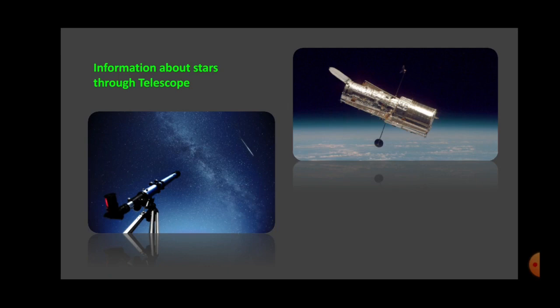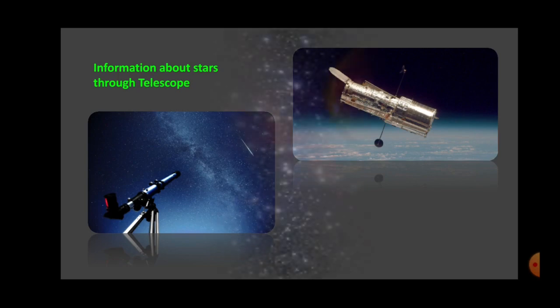As it is situated above the Earth's atmosphere, it can observe the different astronomical objects very effectively. And the second one is the telescope which is used from the land to observe the sky. Such telescopes are used by scientists or people who study the stars or different celestial bodies.